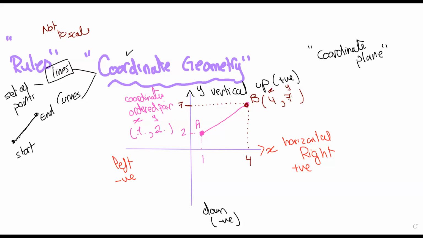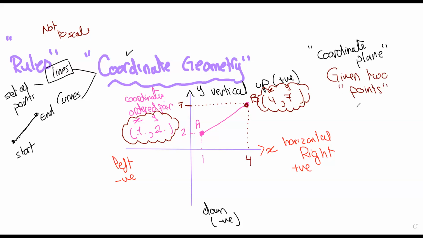What are the questions that you might be asked when you are given 2 points or 2 ordered pairs?